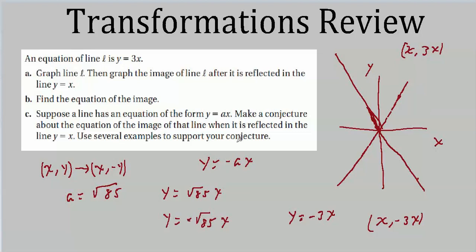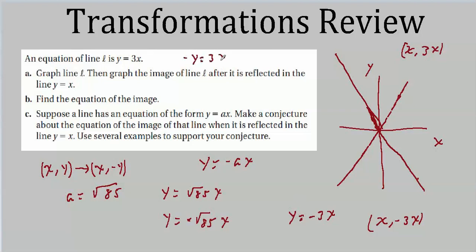Not sure what they were trying to get across here, but I think a is useful enough. It tells you that when you reflect about the x-axis, you just change the sign of the y-coordinate. I could have written this as change y equals 3x to minus y equals 3x.